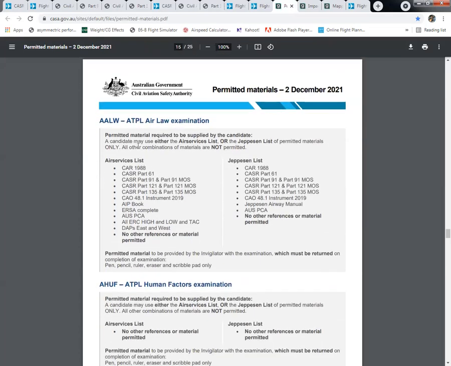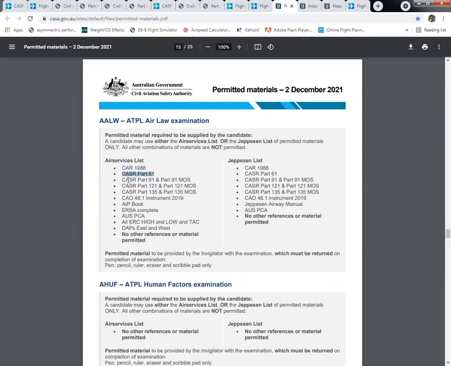So for ATPL law after December, you'll be allowed to have still the whole CAR 88, which has gotten a lot smaller. There's still a few CARs in the 40 series, like 42ZN about maintenance, and there is some legacy CARs, but not very many.